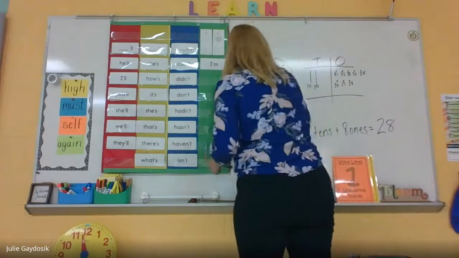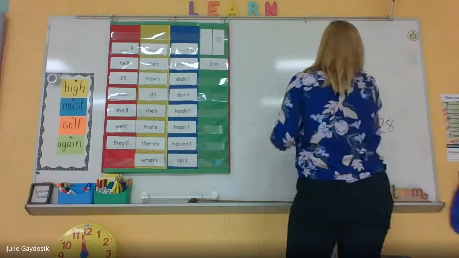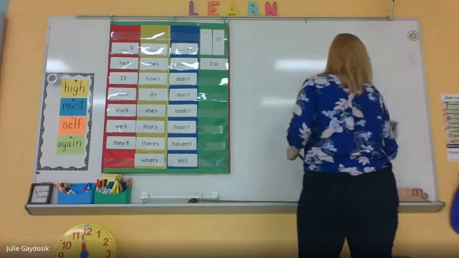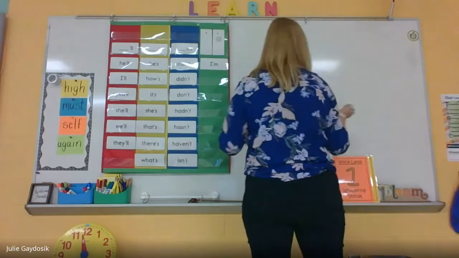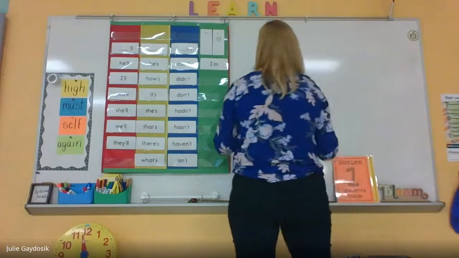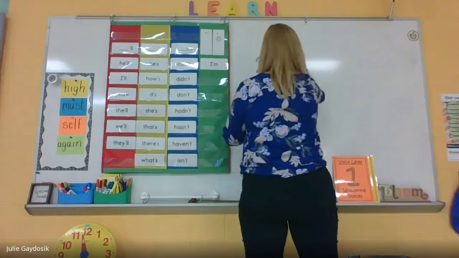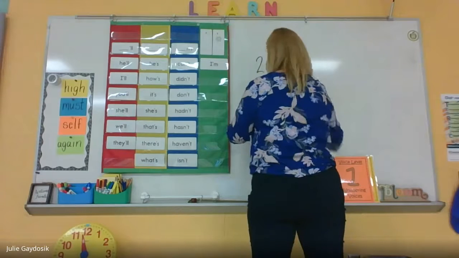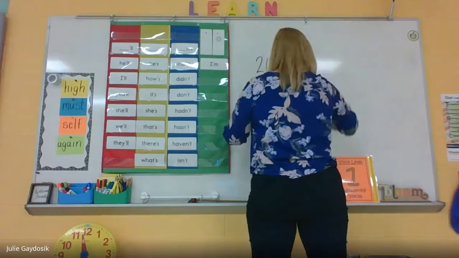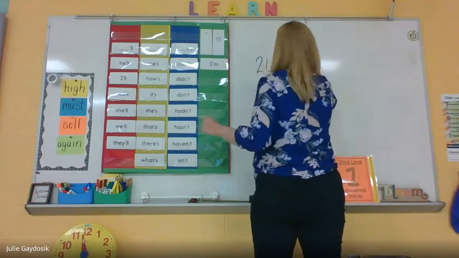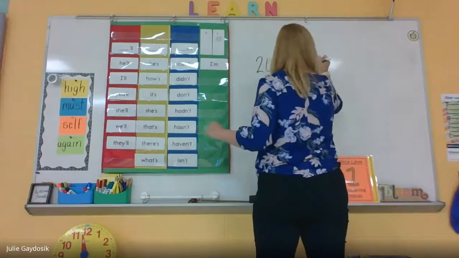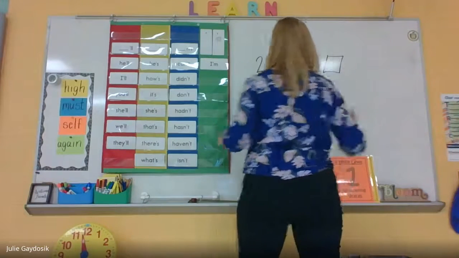Now, the reason why composing is so important is because of this. Say we have the equation 26 plus 45 equals unknown.